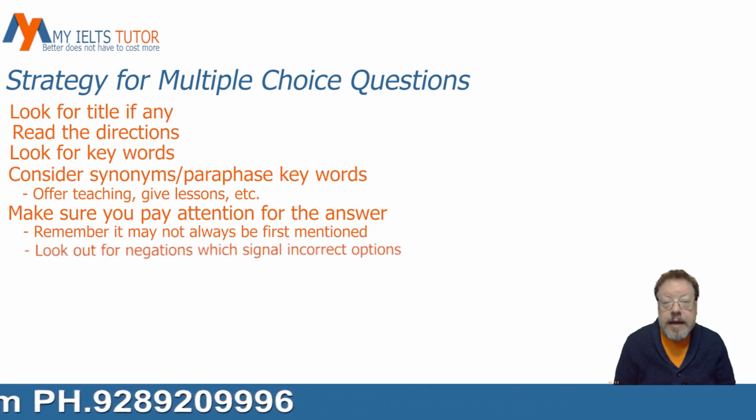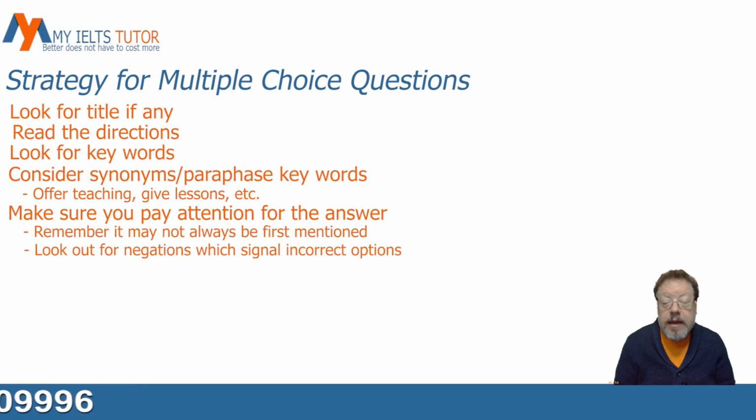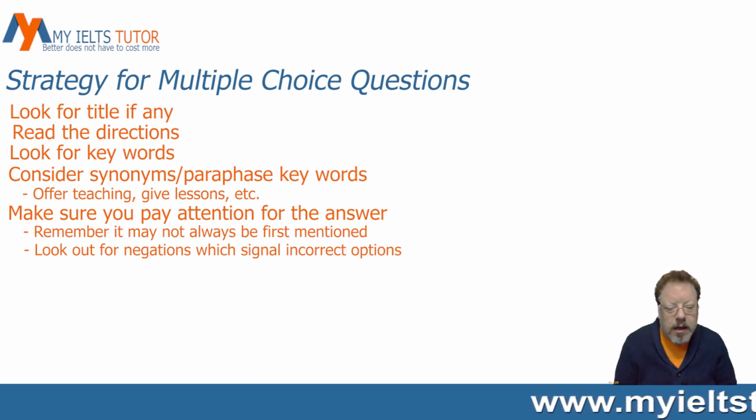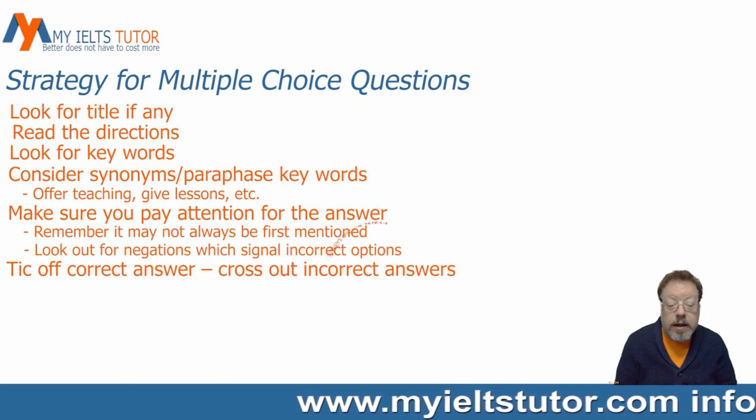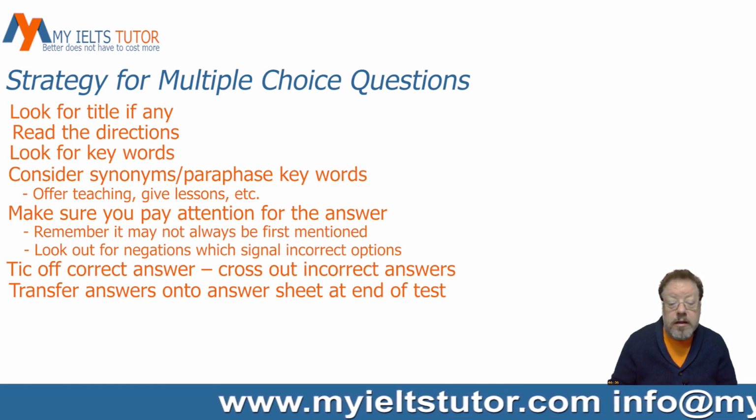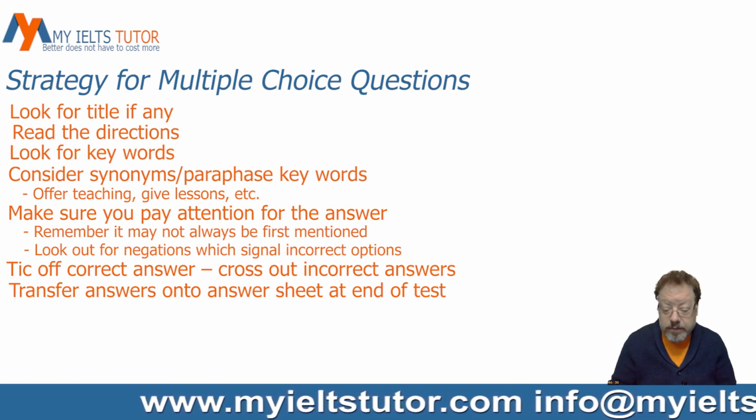Look out for negations, which signal incorrect options. A negation would be when the option is the opposite of what you hear in the audio. Tick off the correct answers, cross out the incorrect answers, and then transfer your answers to the answer sheet at the end of the test.